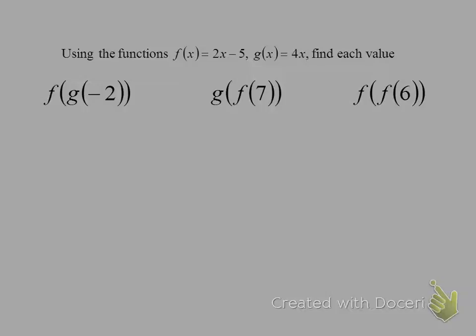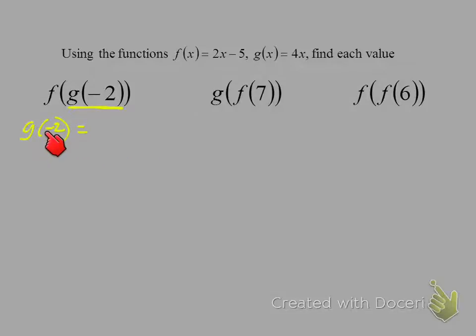Using the functions f of x equals 2x minus 5 and g of x equals 4x, find each value. We're going to find f of g of negative 2, g of f of 7, and f of f of 6. So you find your innermost function letter, g. We do that part first. So we're going to do g of negative 2.